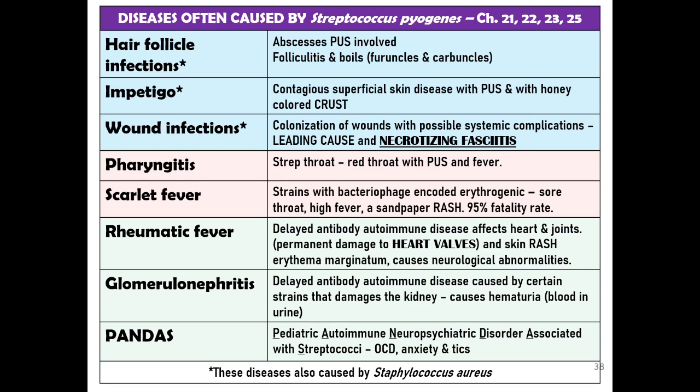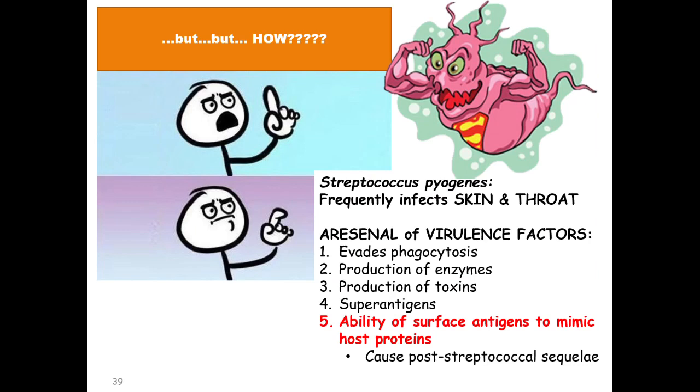When somebody has a streptococcal infection, whether by skin or an upper respiratory infection in the pharynx or throat, you can also get post-streptococcal sequelae. Those are complications after someone has an infection, so we'll talk about rheumatic fever, glomerulonephritis, and PANDAS. That's a lot of stuff that they cause, and just like Staphylococcus aureus, it's because they have a whole arsenal of weapons.